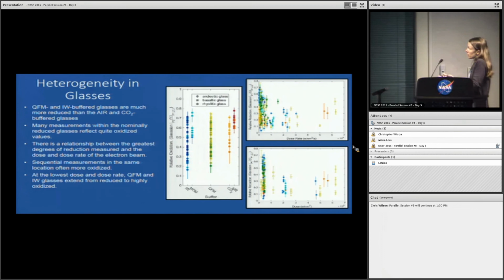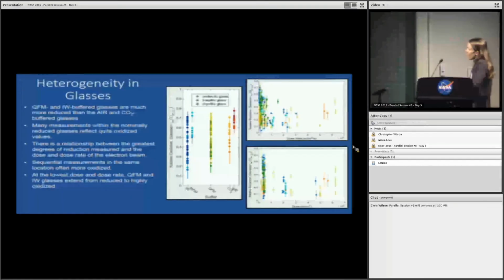And so to look at the changes that may have occurred in the beam, I did separate these by dose rate and dose. And then this is actually relative reduction, and so now the high ones here are the most reduced. They're these samples.